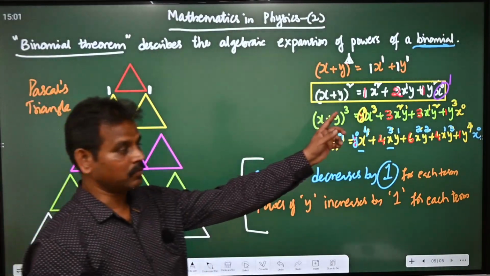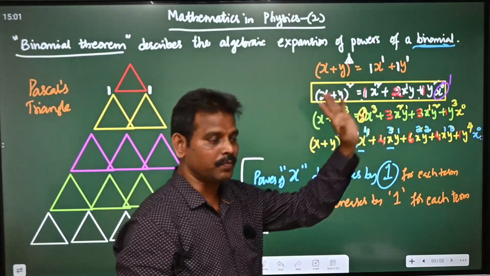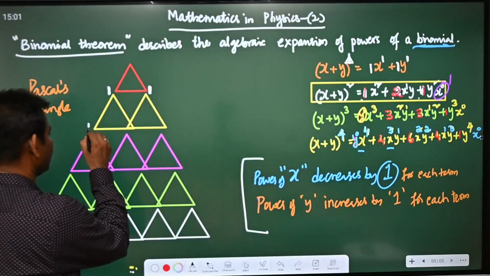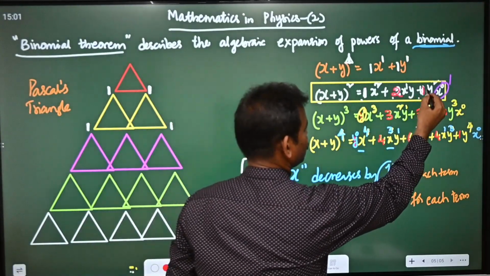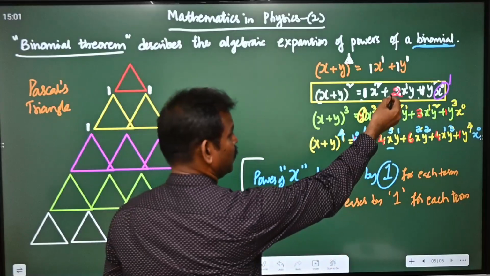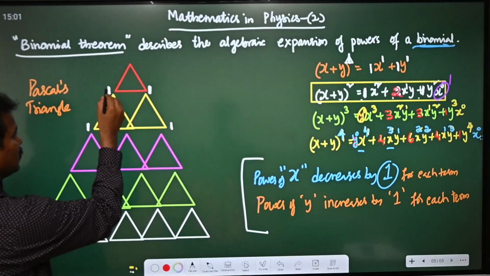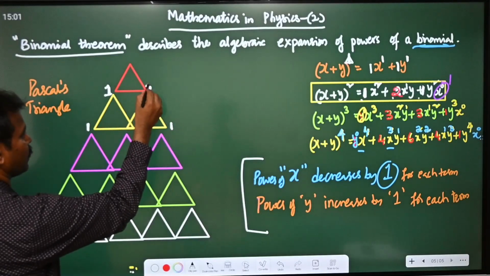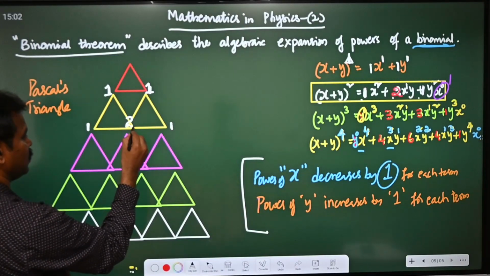The next coefficients, I am talking only about the coefficients, the numbers just before those variables. This will be 1, this will be 1, but the middle term is 2. But how to get this 2? If you observe, students, if you add these two, you will get 2 here.